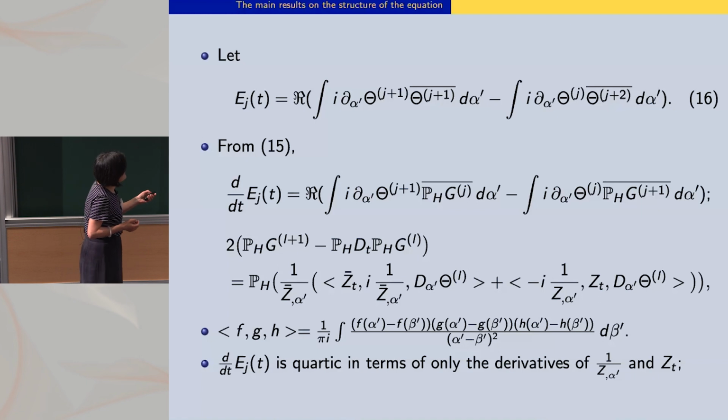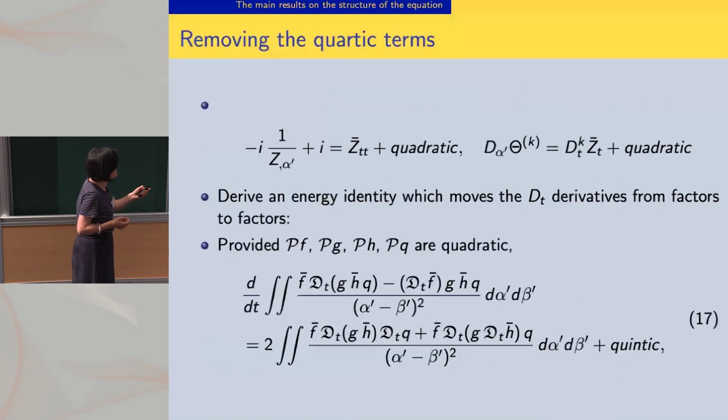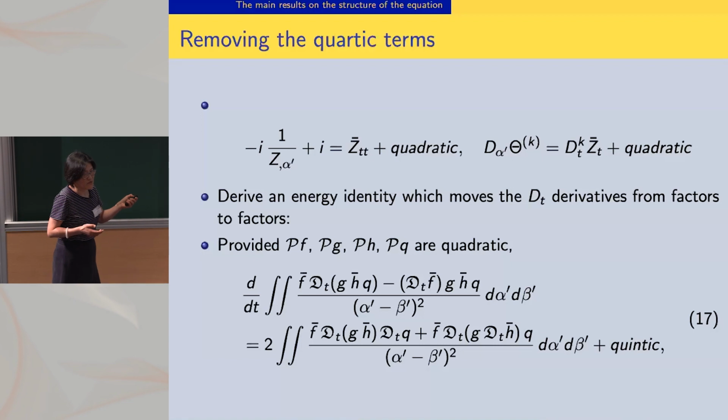Why is this symmetric? What is zt? zt is velocity. So what is i times 1 over z alpha? It's really like one more derivative of zt, so the acceleration ztt, plus something quadratic, which we like because it's already put us into quintic.